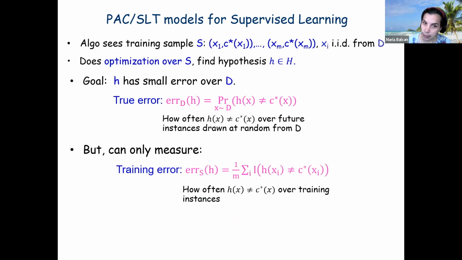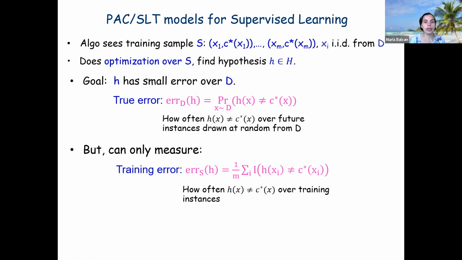As discussed yesterday, the challenge when we do machine learning is that we really want to find a classifier that has small true error rate, according to the notion of error that I just reminded you about. But the problem is that we cannot measure the true error rate, and we can only measure the empirical error rate, the training error rate. On the given sample, for any hypothesis h, we can measure the empirical error rate, but not the true error rate.